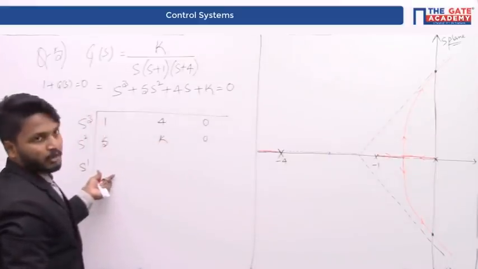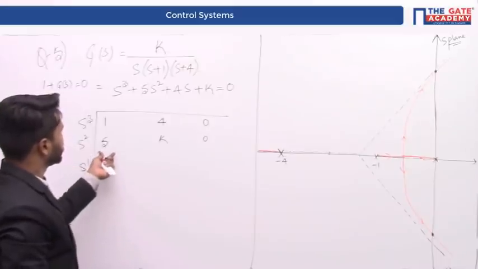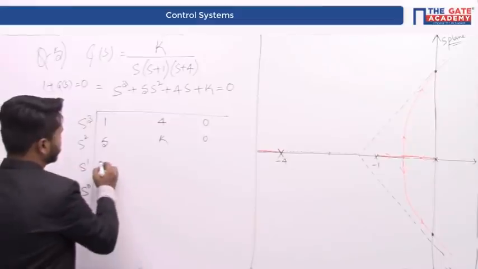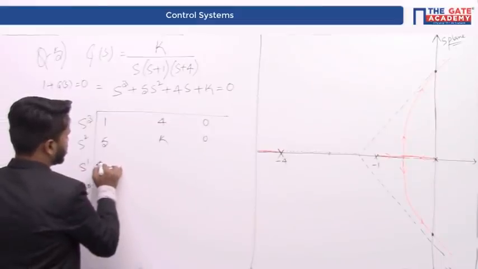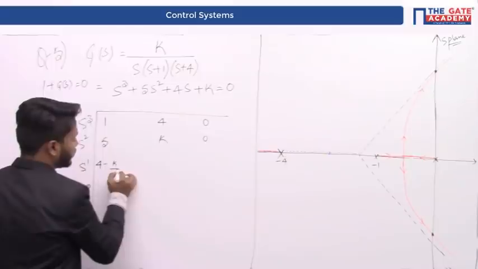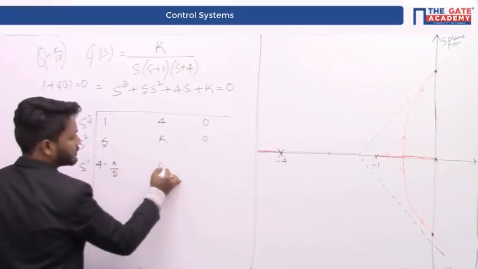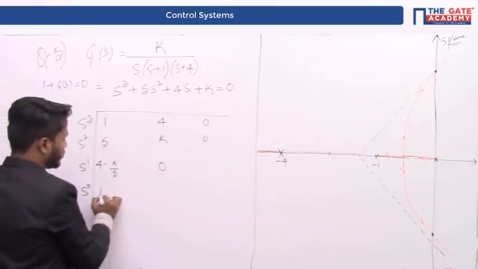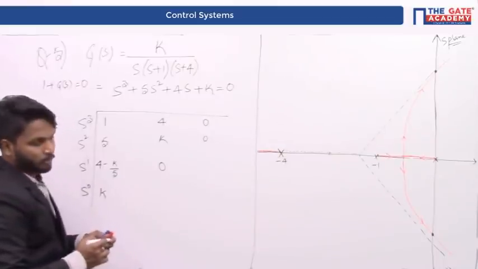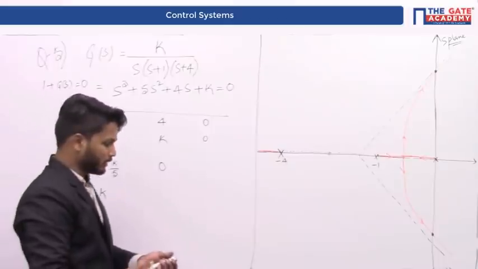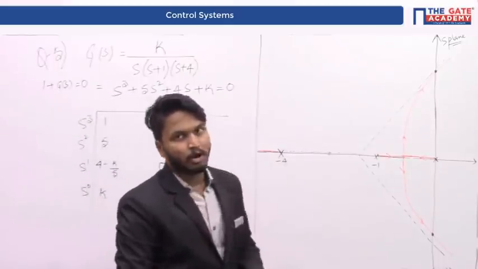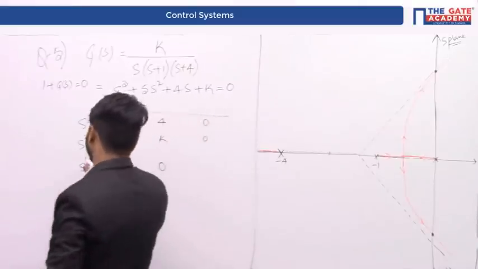How will we calculate the next coefficient? That is 5 multiplied by 4, 20. You can write it as 4 minus k by 5. This is anyways 0, and here it is k itself. Therefore, for the system to be marginally stable, an entire row corresponding to odd power of s should be 0.